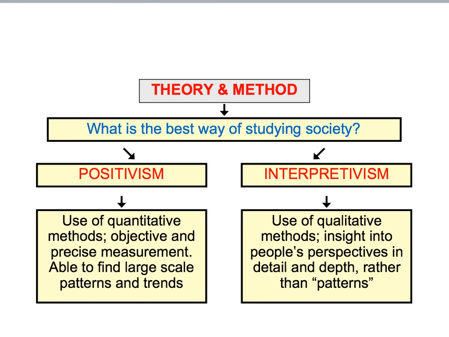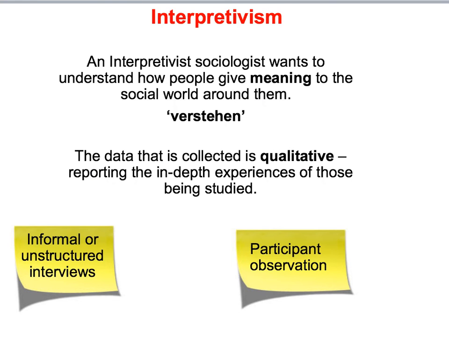However, as we've already briefly noted, there are some sociologists who reject the idea that sociology can or should be modelled on the principles of the natural sciences, and these sociologists who are opposed to positivism are known as interpretivists or anti-positivists. So interpretivists reject the idea that sociological research should be modelled on the natural sciences.